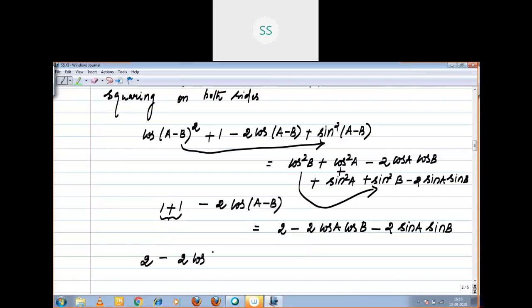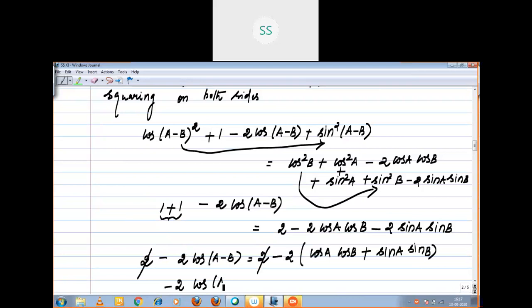When you add this, you will get 2. So 2 minus 2 cos(A minus B) is equal to 2 minus 2, you should take as common, (cos A cos B plus sin A sin B). Got it, children? Say yes or no.